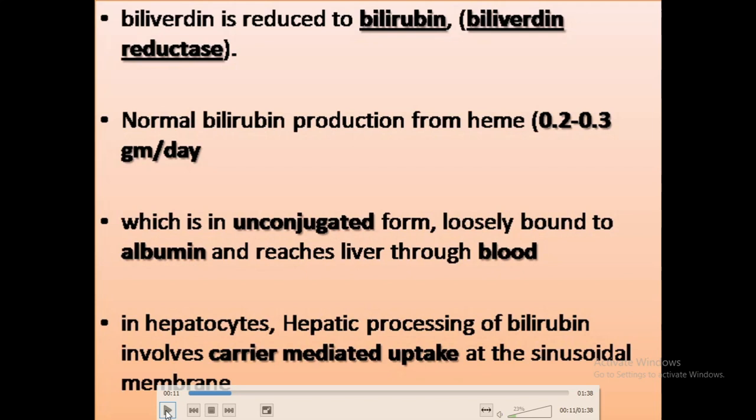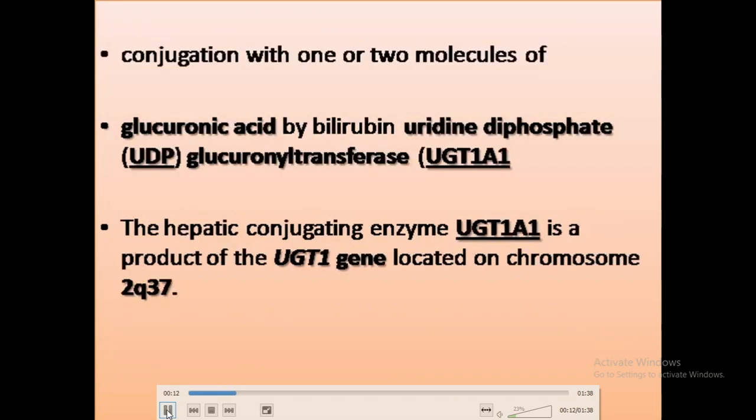is 0.2 to 0.3 gram per day, which is in unconjugated form, loosely bound to albumin, and reaches the liver through blood. Now, in the hepatocyte, hepatic processing of bilirubin involves carrier-mediated uptake at the sinusoidal membrane, and conjugation with one or two molecules of glucuronic acid by bilirubin uridine diphosphate glucuronyl transferase, in short UGT1A1.